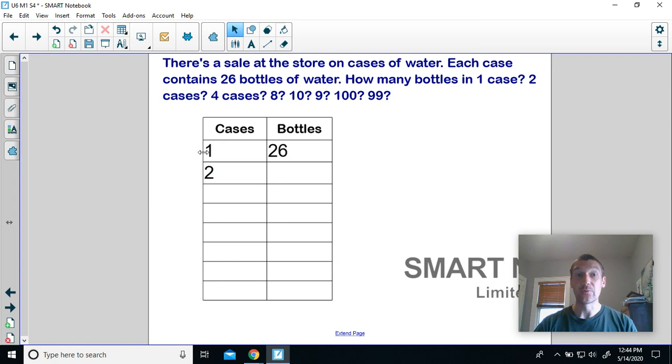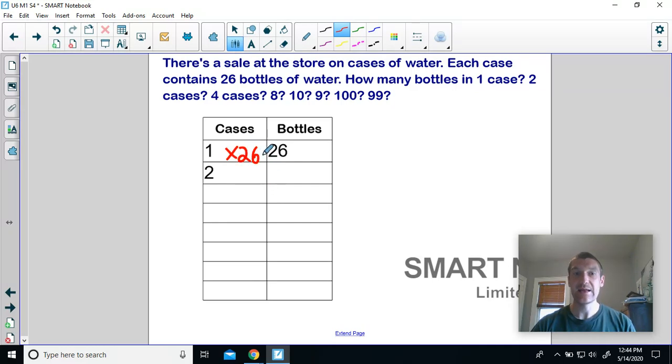So you could think of this like this is 1 times 26. And that equals 26. So I could do the same thing here. I could do 2 times 26. So I could think about it like that if I wanted to. I could think about how this is twice as big.